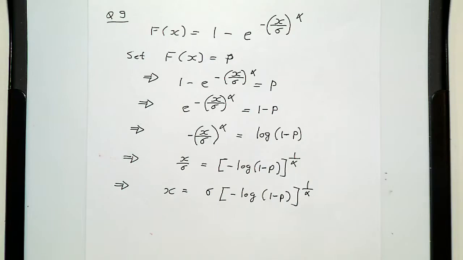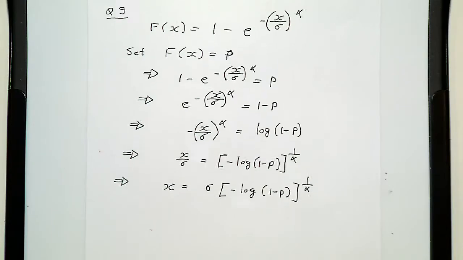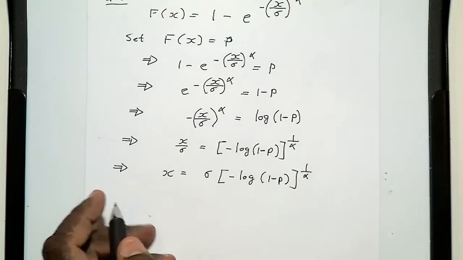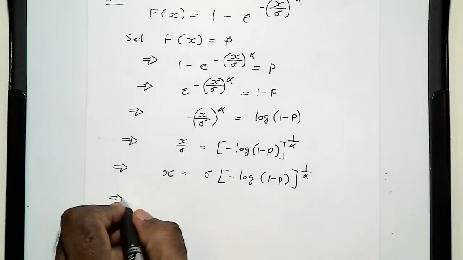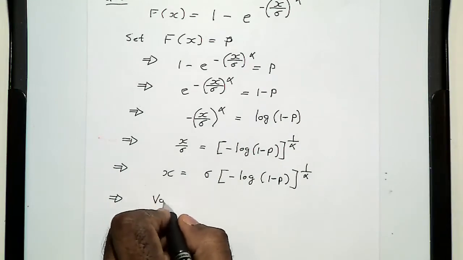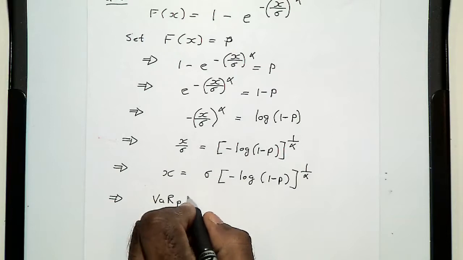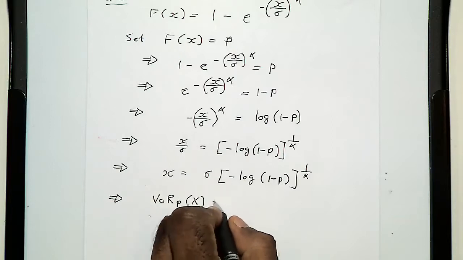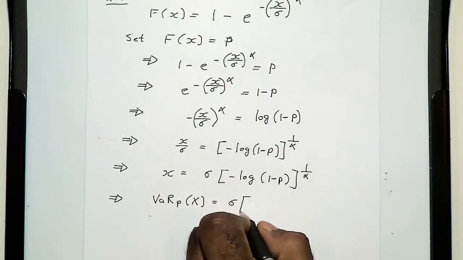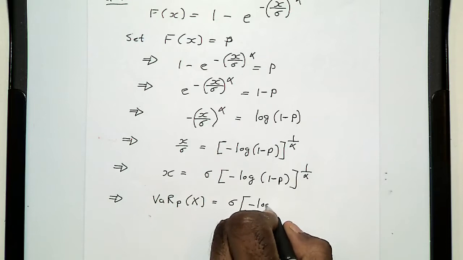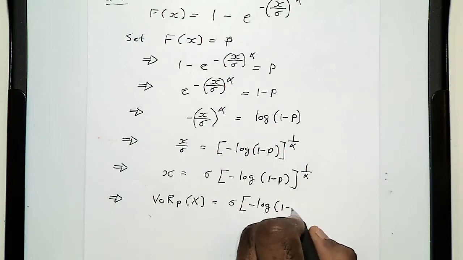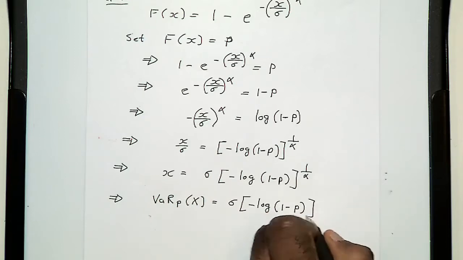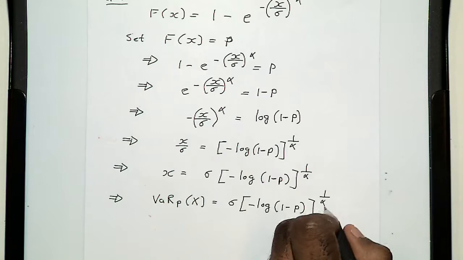All right, so this is the solution that you get for x. So hence the formula for VaR is this.